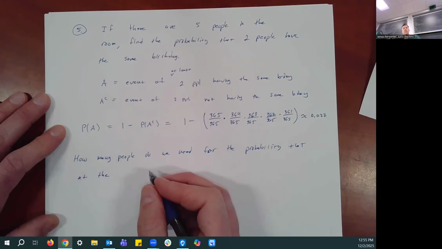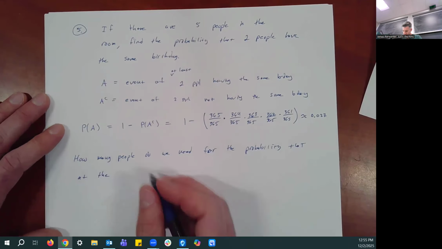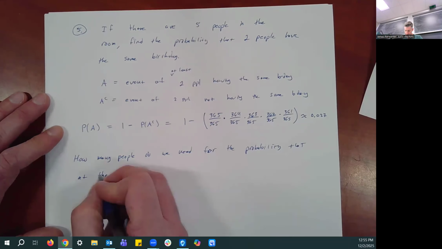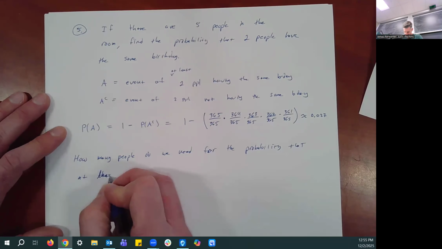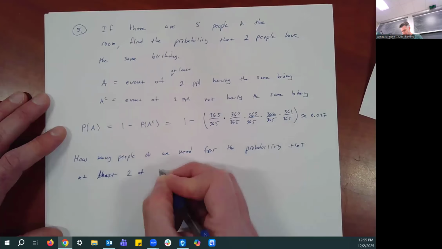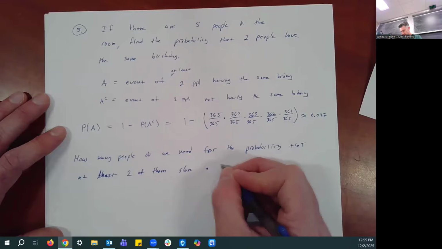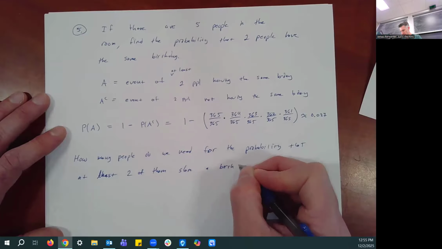I've phrased this terribly. Sorry. Apologies for the terrible English grammar there. How many people do we need for the probability that at least 2 of them share a birthday exceeds 50%?